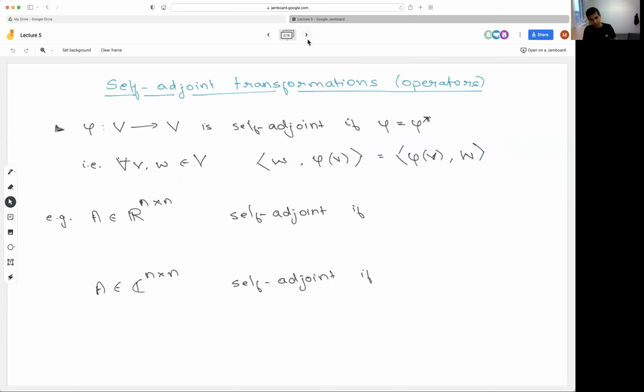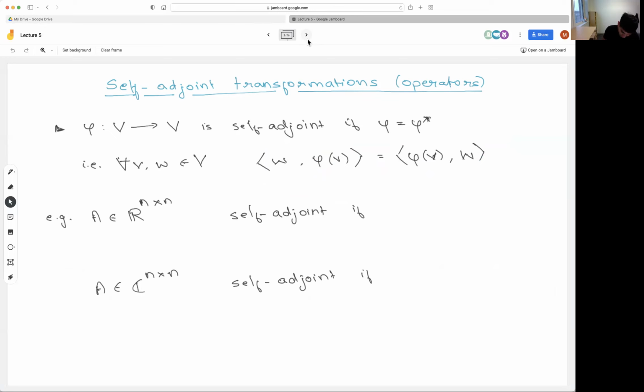Okay, and then we started talking about a special kind of linear transformations, or really operators, which map the same space to itself. So these are linear transformations, linear operators. Sometimes the word linear is omitted, especially when you're talking about operators.